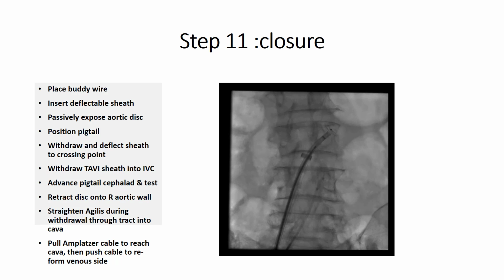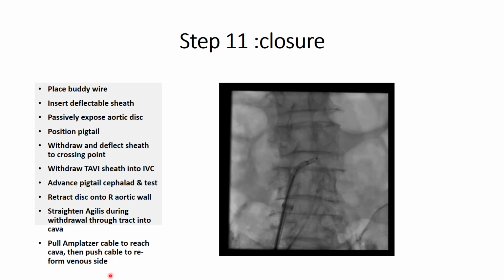Now I have contact between the ADO1 and the aorta. I'm putting my pigtail, I'm doing an injection, I have a good apposition, and now I'm going to retract my Agilis to deploy the other side of the disc, and you're going to see it here. And then you advance and form the other side, okay? And look at the right side here, I took an injection.